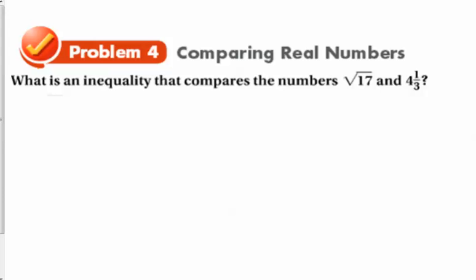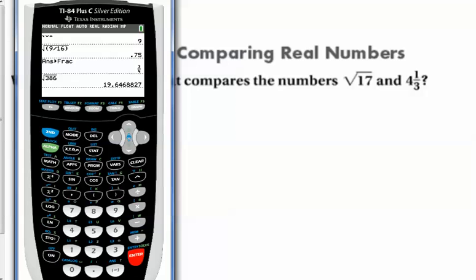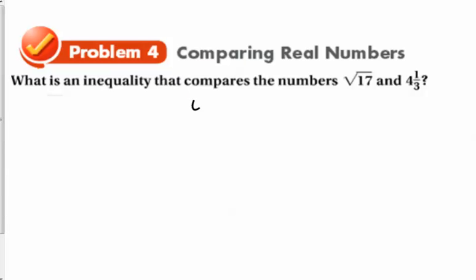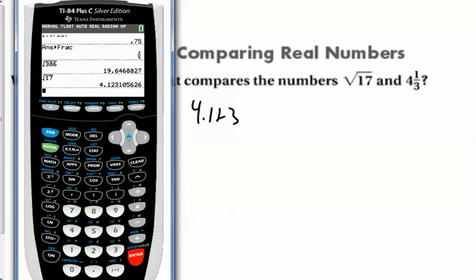Now, what's the inequality that compares the numbers radical 17 and 4 and 1/3? The easiest thing I can do to compare these is grab my calculator and punch square root of 17. Square root of 17 is 4.123, and then 4 and 1/3. I'm going to go 4 plus 1 divided by 3, and that gets me 4.333.